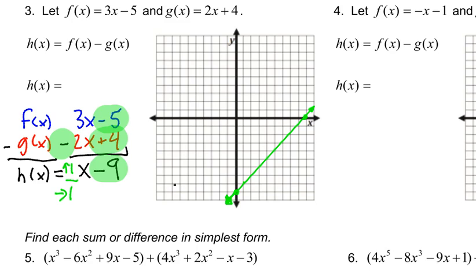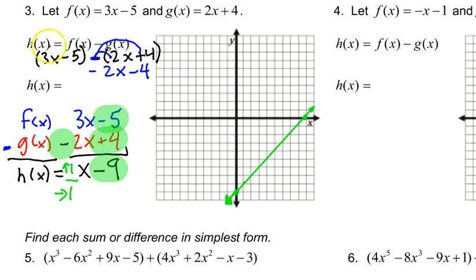Now in a similar way, someone else might write it like this and say, okay, this is 3x minus 5 minus 2x plus 4, and they think of this subtraction, instead of having written vertically like this, they think of, okay, it's minus 2x minus 4, kind of like a distributive property.